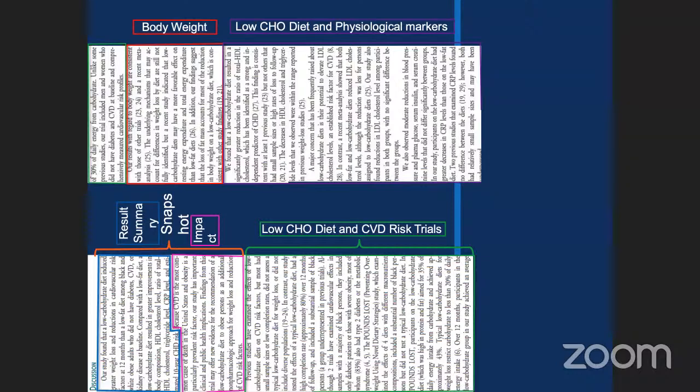So in the discussion, we can include a result summary, including a snapshot of the impact that we have found, and any other trials that have done the same or similar investigations and what they included.